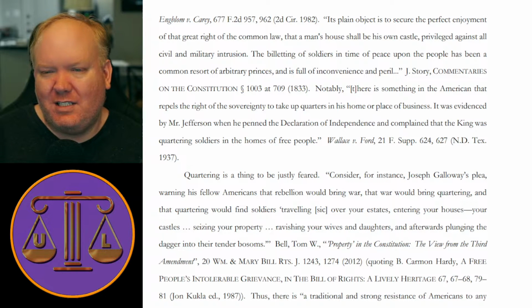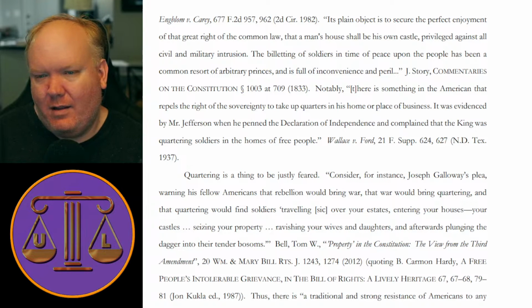The quartering of soldiers in time of peace upon the people has been a common resort of arbitrary princes and is full of inconvenience and peril. Notably, there's something in the American character that repels the right of the sovereign to take up quarters in his house or place of business. It was evidenced by Mr. Jefferson when he penned the Declaration of Independence and complained the king was quartering soldiers in the homes of free people.